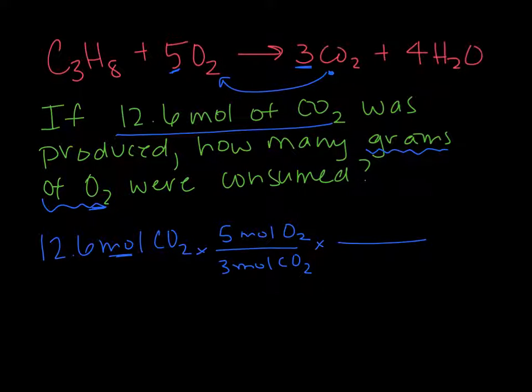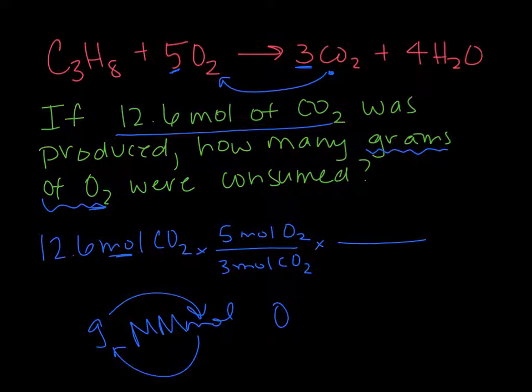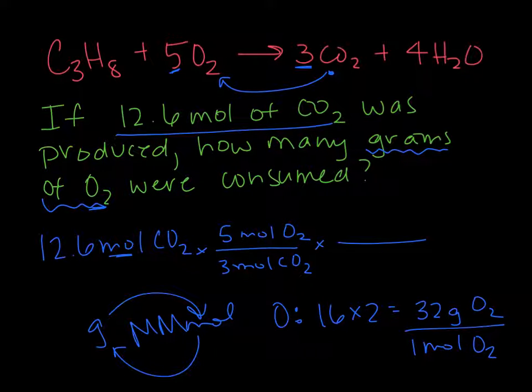To go from moles to grams, I have to use molar mass. The molar mass of oxygen is 16, but we have 2 of them, so that's 32 grams of O2 in 1 mole of O2. Since I have moles of O2 on top, I put 1 mole of O2 is 32 grams of O2.